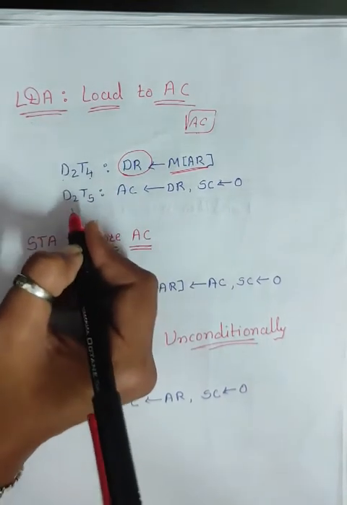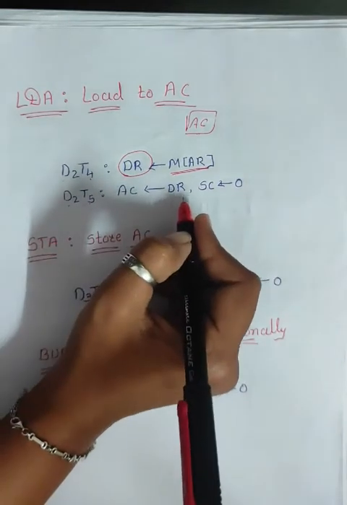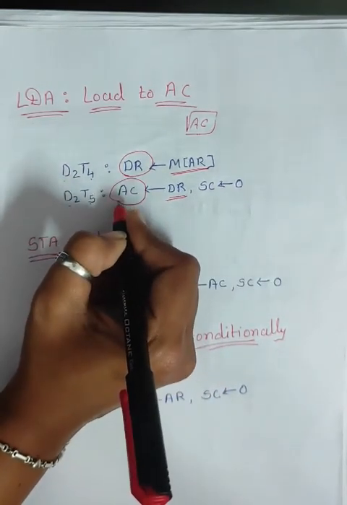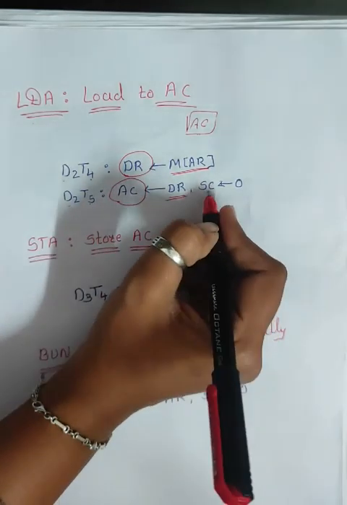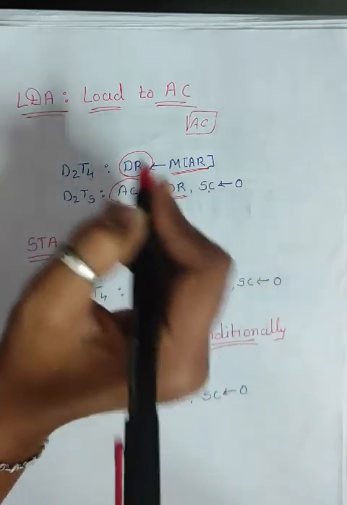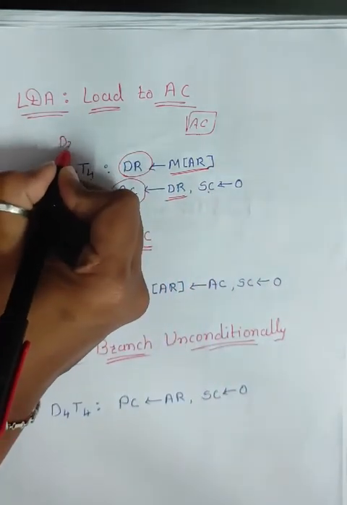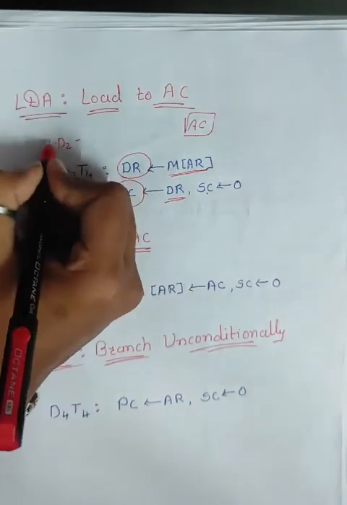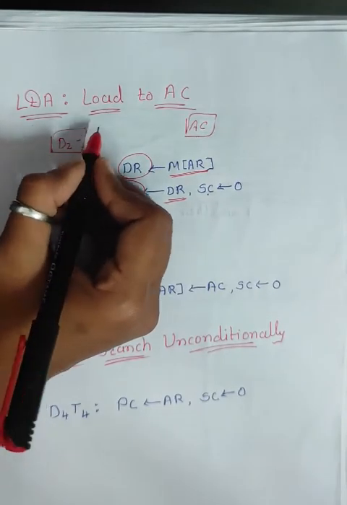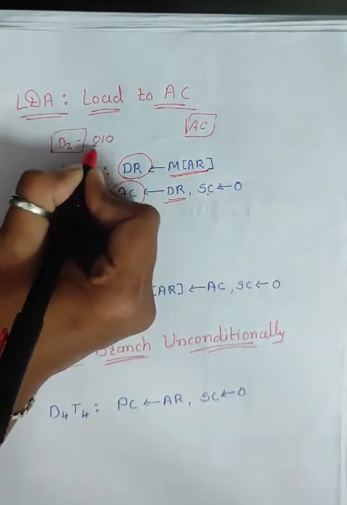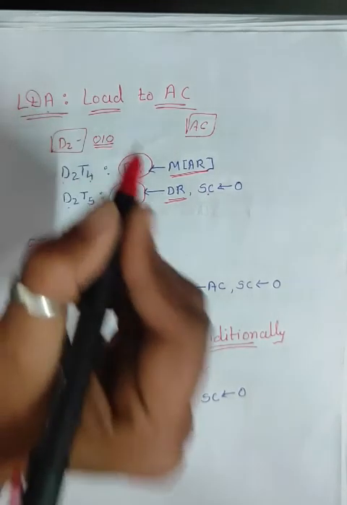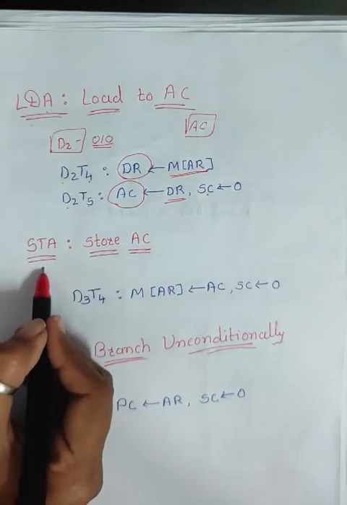And at D2 T5 it will transfer the data from the data register to the accumulator, and again the sequence counter is reset. And this D2 signal represents 0, 1, 0, that's the opcode for the load operation.